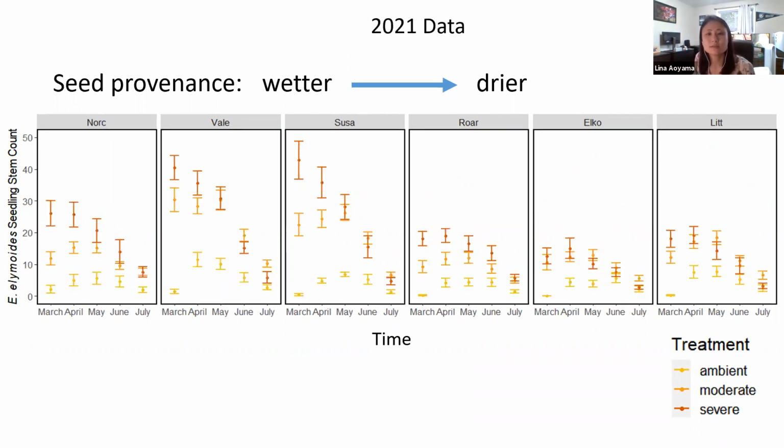Instead, I found an opposite relationship where seeds from wetter locations had higher stem counts in moderate and severe drought than seeds from drier locations. And similarly, seeds from the wetter locations had a higher mortality. The slopes were steeper, so the mortality was higher in the summer.